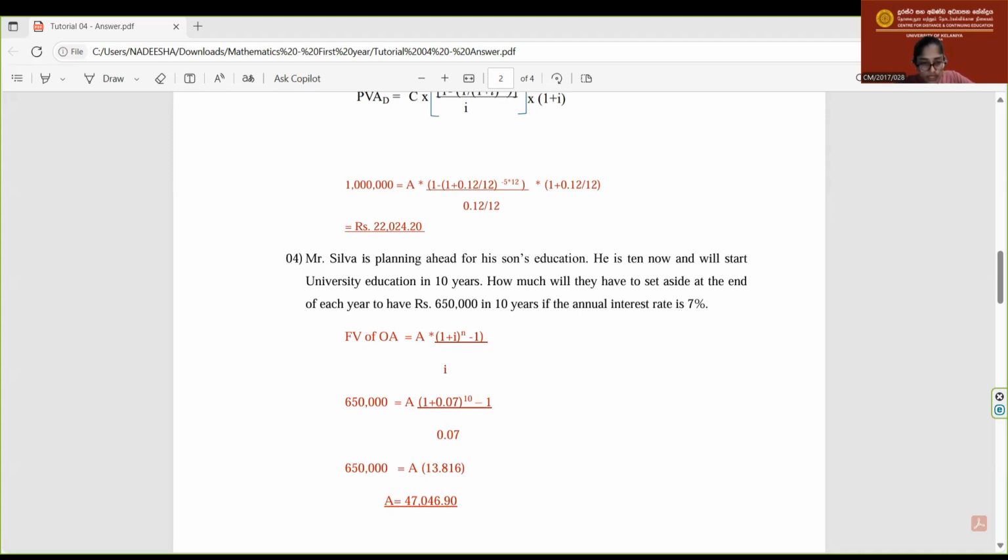That means you have to isolate A and divide 650,000 by 13.81644796. The answer would be actually 13.816, right? I have taken only 3 digits, and the whole number is actually 13.81644796.